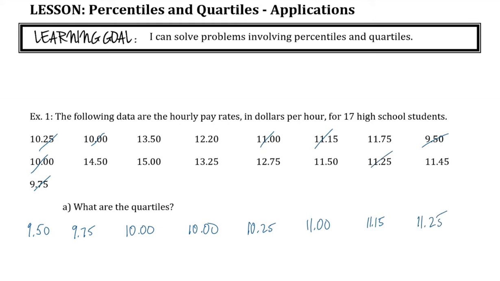So I see an 11.50, an 11.75, and 11.45. See, again, it's easy to miss one. If you miss one and you go too far, you're going to be mad at yourself because you're going to have to go erase and go all the way back. I don't see any other 11s.